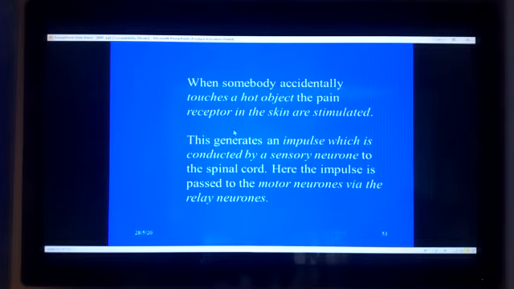That forms the basic unit, which we refer to as a reflex arc. Remember, we said that simply it is the pathway that is followed by a nerve impulse as it travels, from the time it is generated all the way to the time the response is brought about at the effectors.